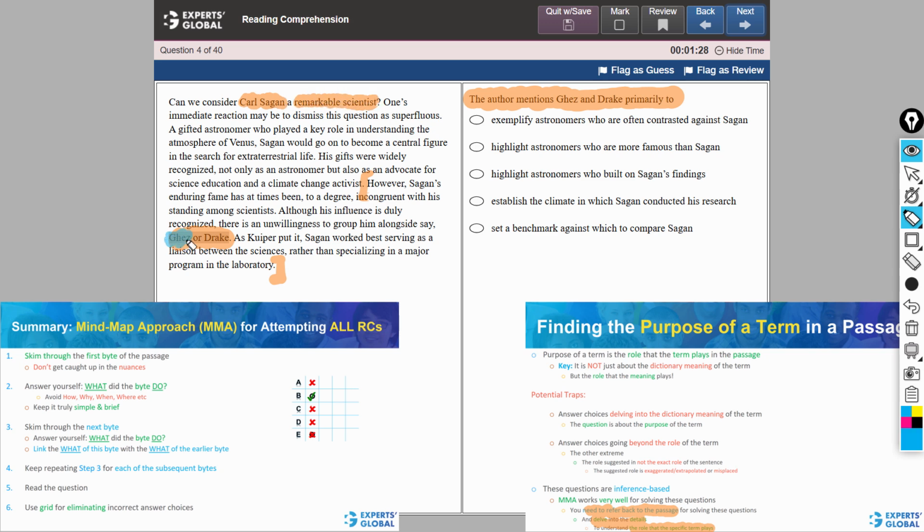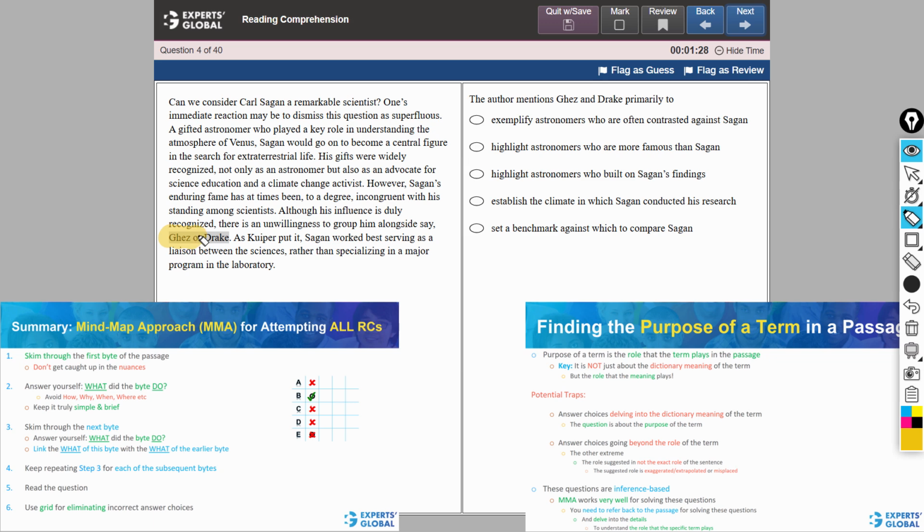The context in which this term has been used is that the general fame of this scientist is not in sync with his standing among scientists, and that although these scientists recognize the influence of this scientist, they are unwilling to group him alongside these highlighted individuals.